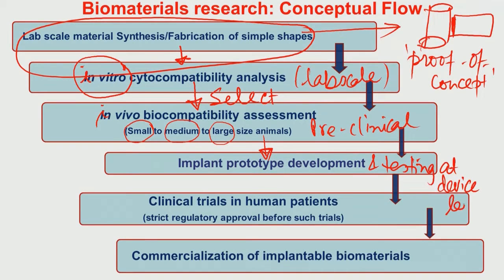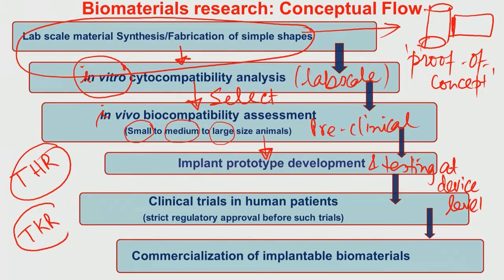Now, just to give you two examples in the context of orthopedic or bone tissue engineering applications, one is THR and another one is TKR. THR stands for total hip joint replacement, TKR stands for total knee replacement device.